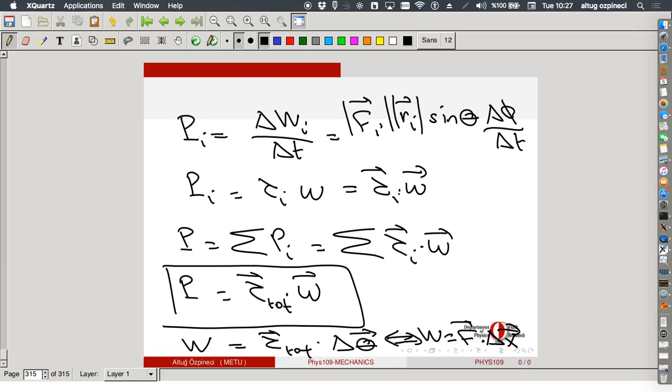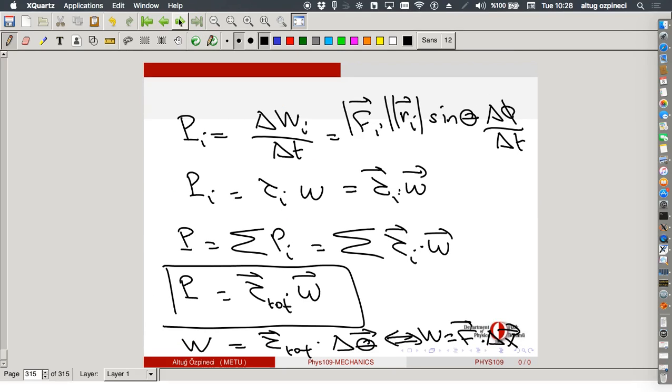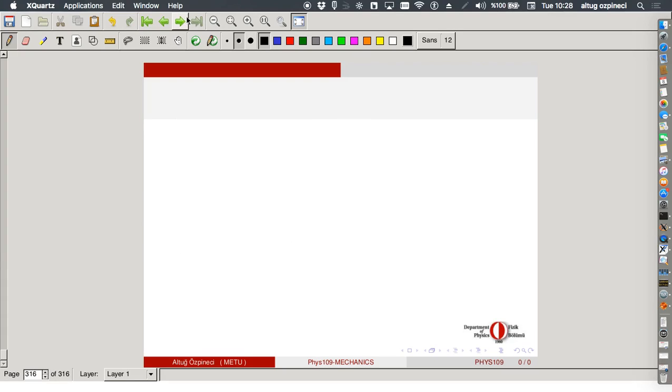Okay, any questions on this one? Now here, this was just the application of the concept of the work and the torque we already knew before. And the work kinetic energy relation will still hold over here.